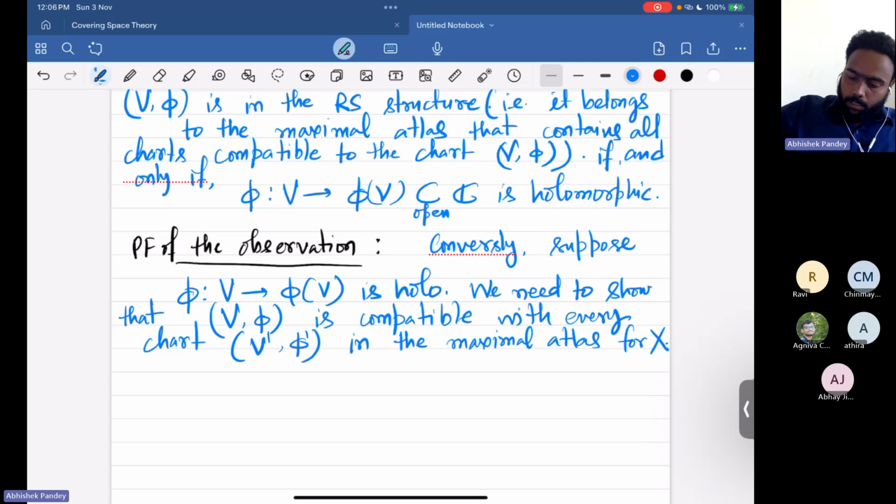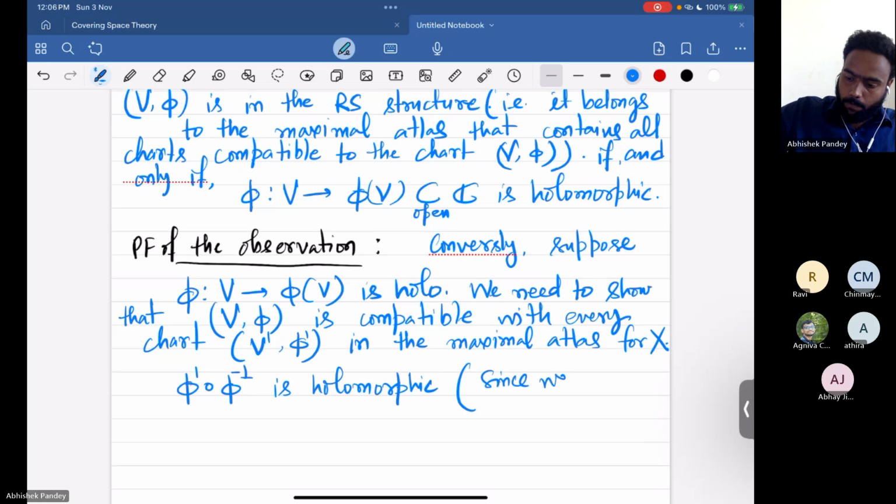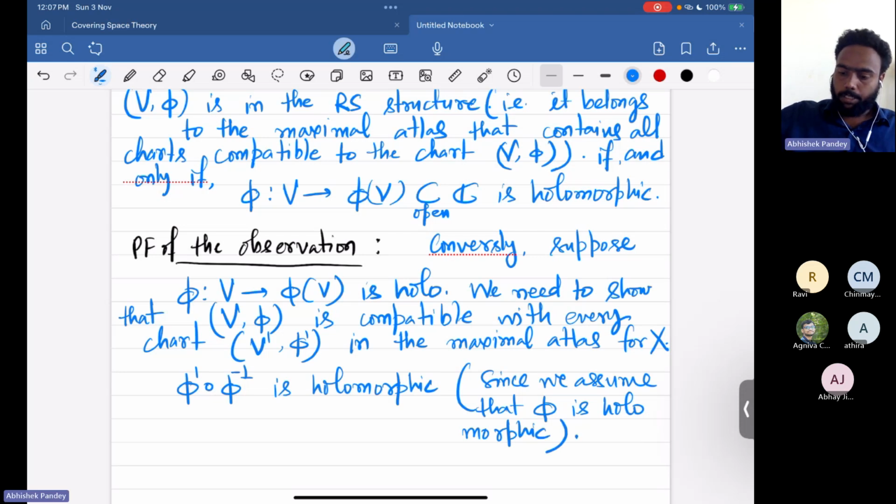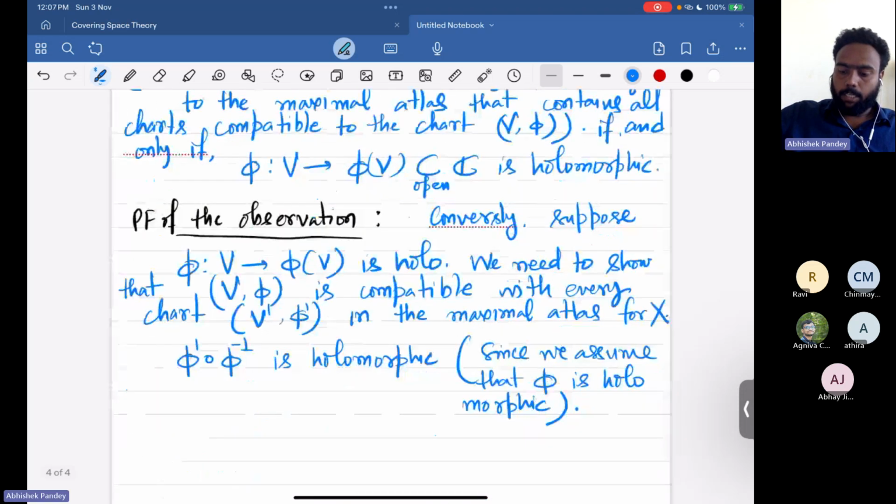So basically, phi dash composition phi inverse is holomorphic, since we assume that phi is holomorphic. Okay, so this is clear. So basically, they are compatible.